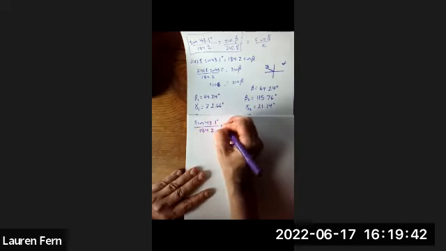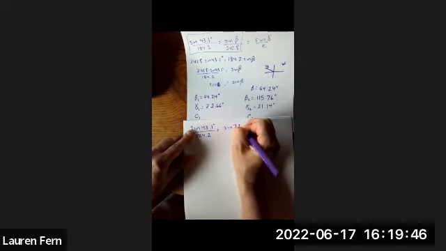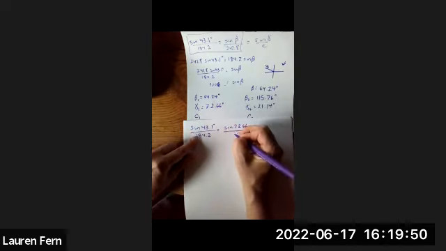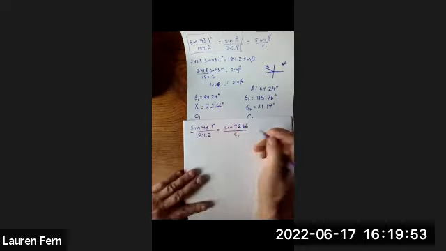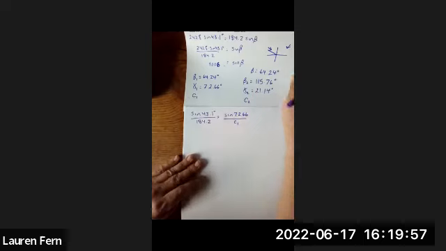So my first scenario is to put in my one value for gamma and then find C1. And we can do that by cross multiplying.